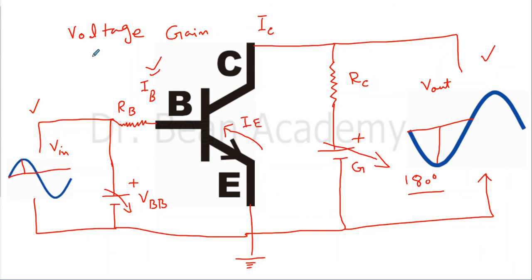A transistor in common emitter mode can be used either to get current gain or voltage gain. And if we apply a sinusoidal voltage input, we get amplified voltage output, but it is 180 degrees out of phase.